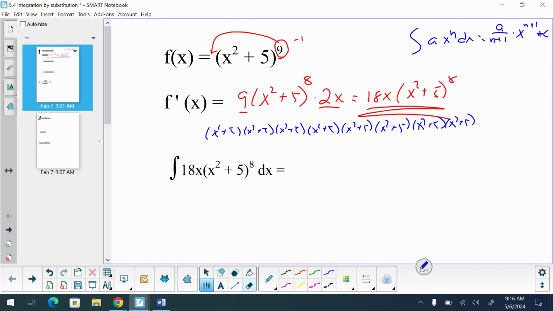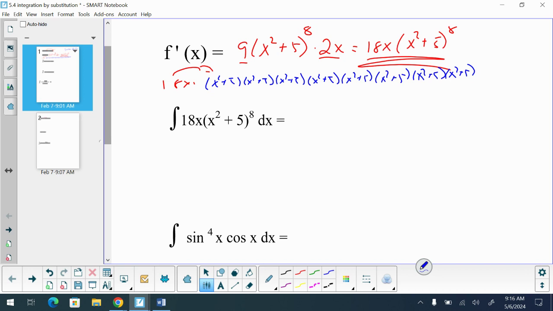Yes, it would be. Would it be filled with mistakes? Probably so. To multiply that out to get it into the form of ax to the n would be a lot of work, plus after that, distributing through 18x. So how do we find a technique that allows us to solve this antiderivative where I don't have to multiply out 8 terms of x squared plus 5?